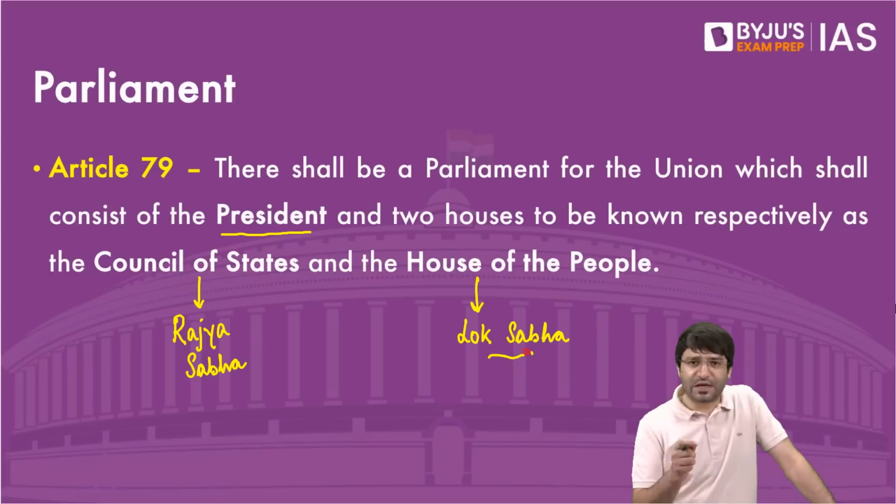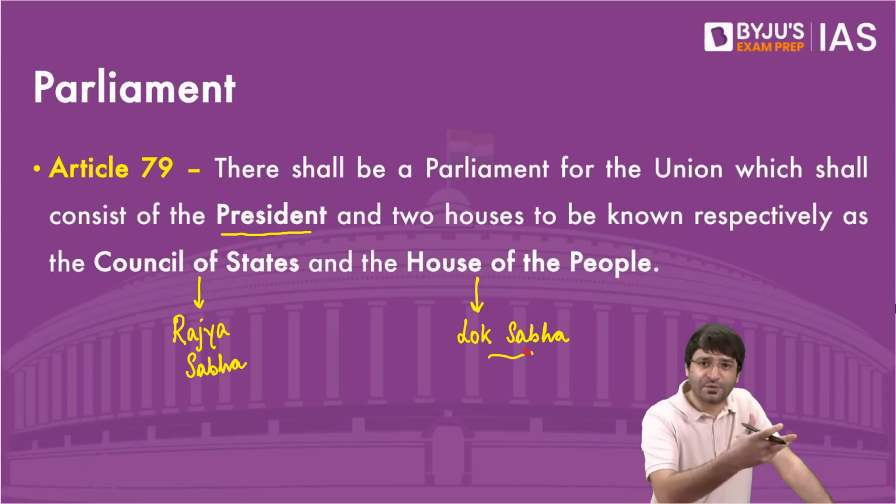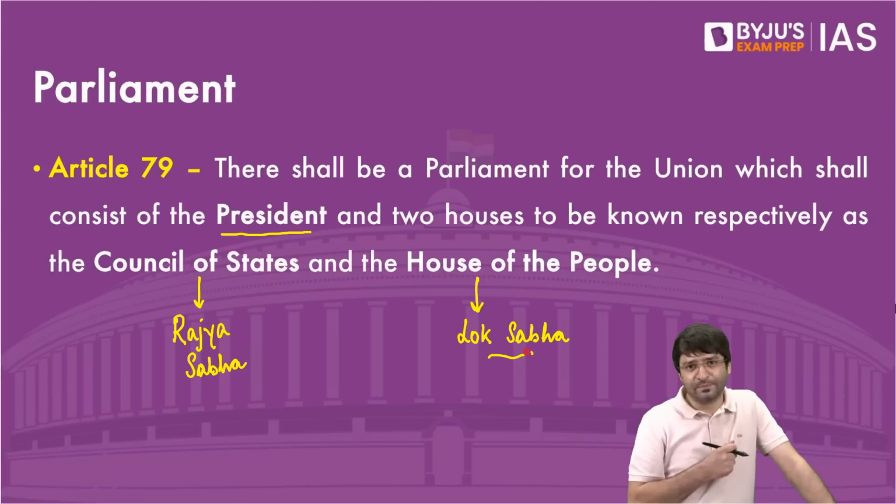So if the question comes, Indian Parliament consists of President, Lok Sabha and Rajya Sabha, which means the President is an integral part of both the executive as well as the legislature.